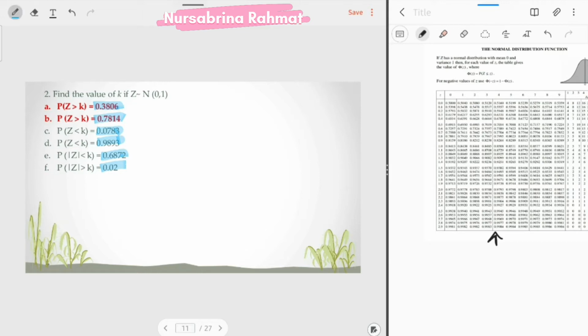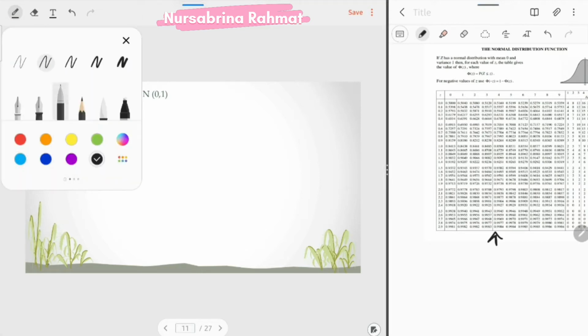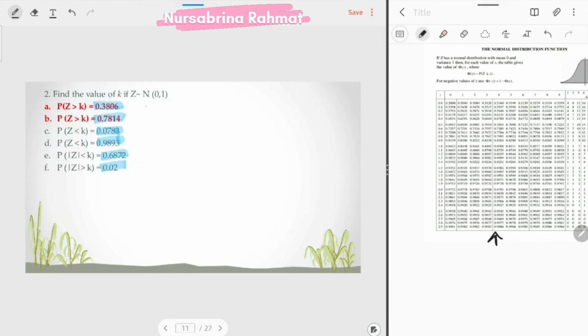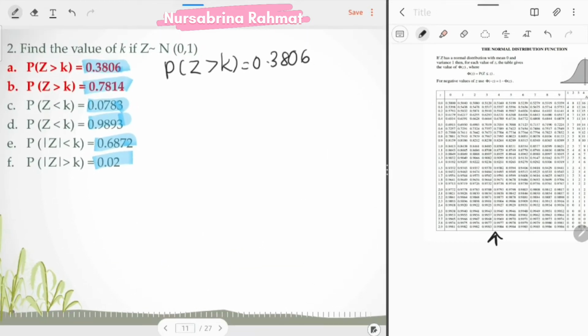Okay, so let's try to solve question 1. P(z > k) = 0.3806. As we all know, P(z > k) is equal to 1 minus P(z < k) = 0.3806.